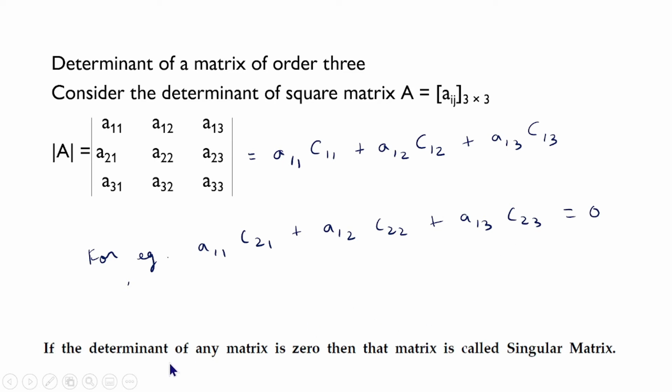Now, if the determinant of any matrix is itself 0, then the matrix is called a singular matrix. Now, this is one property of determinant.